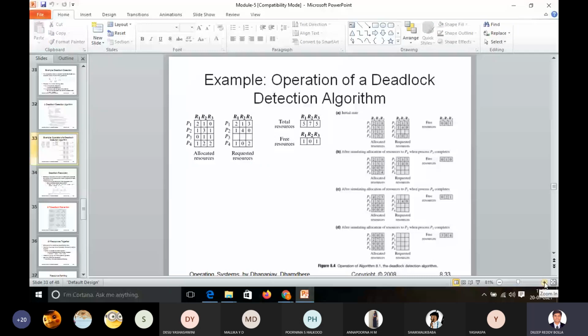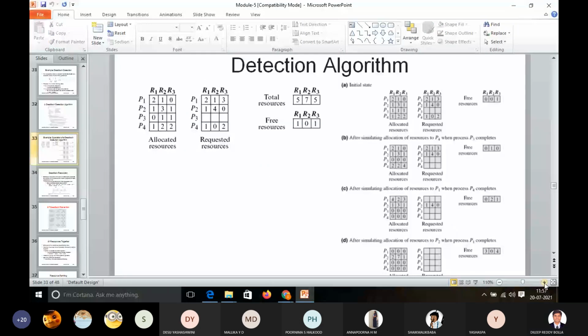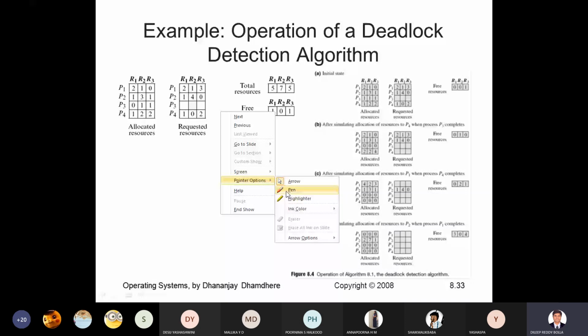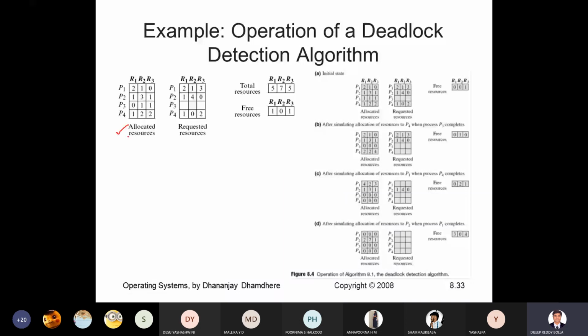All right, so you are able to see the full screen? Yes, sir. So you can see this one here. We have the allocated resources here, and in these allocated resources we have P1, P2, P3, and P4.